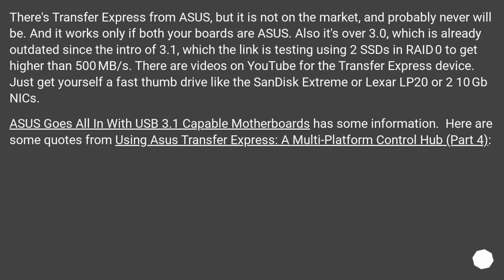There are videos on YouTube for the Transfer Express device. Just get yourself a fast thumb drive like the SanDisk Extreme or Lexar LP20, or 10 GB NICs. Asus goes all in with USB 3.1 capable motherboards, has some information. And NBSB. Here are some quotes from Using Asus Transfer Express, a multi-platform control hub, Part 4.